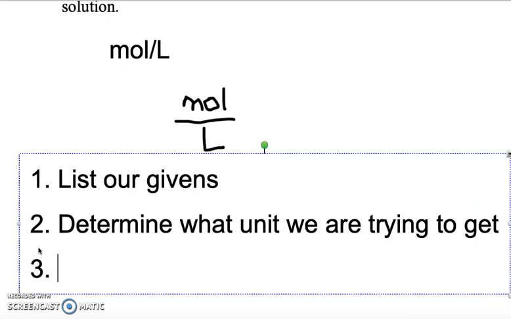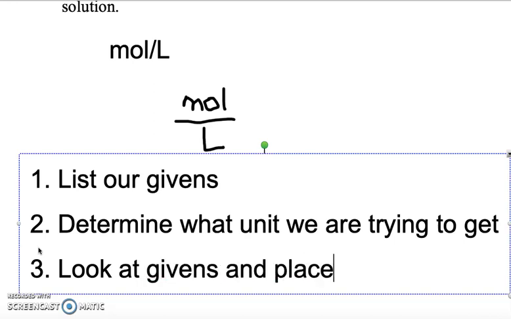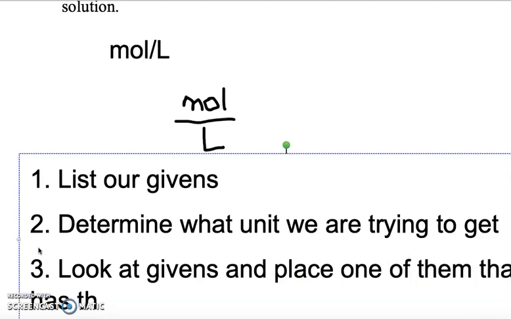Then look at your givens and place one of them that has the unit we want. In this case, I could start by placing the moles part, or I could start by placing the liters part. Then, just like before, we either eliminate until we get what we want, or we place until we get what we want. Then we do our actual calculations and get our answer, making sure we're watching out for our significant digits.